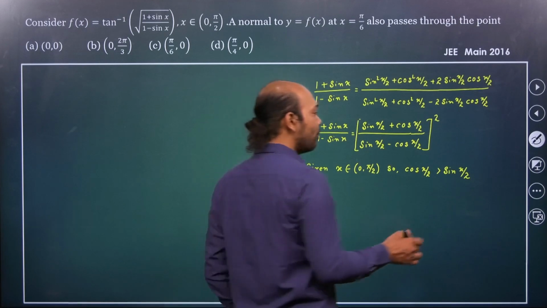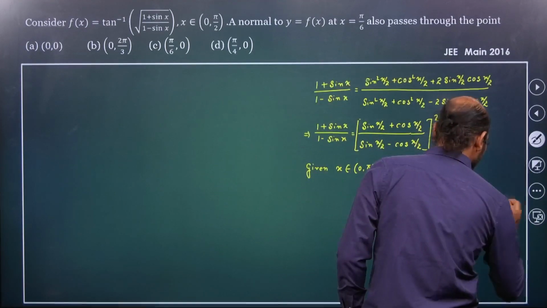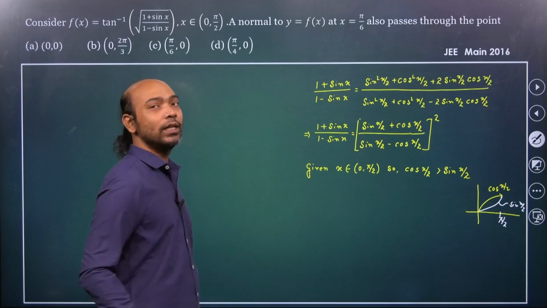If I draw the plot, this is the cos x by 2 function, and the one below it is obviously the sine function. Okay, that's it.